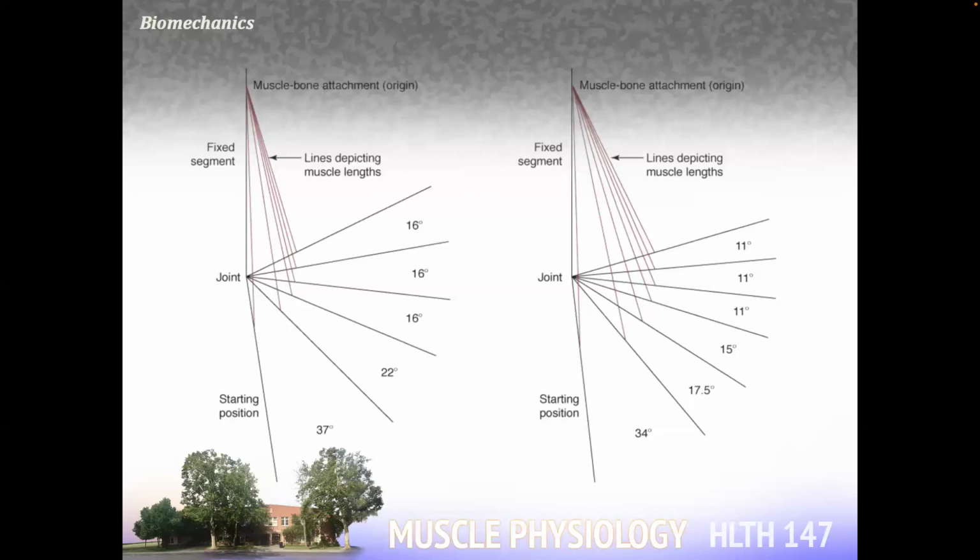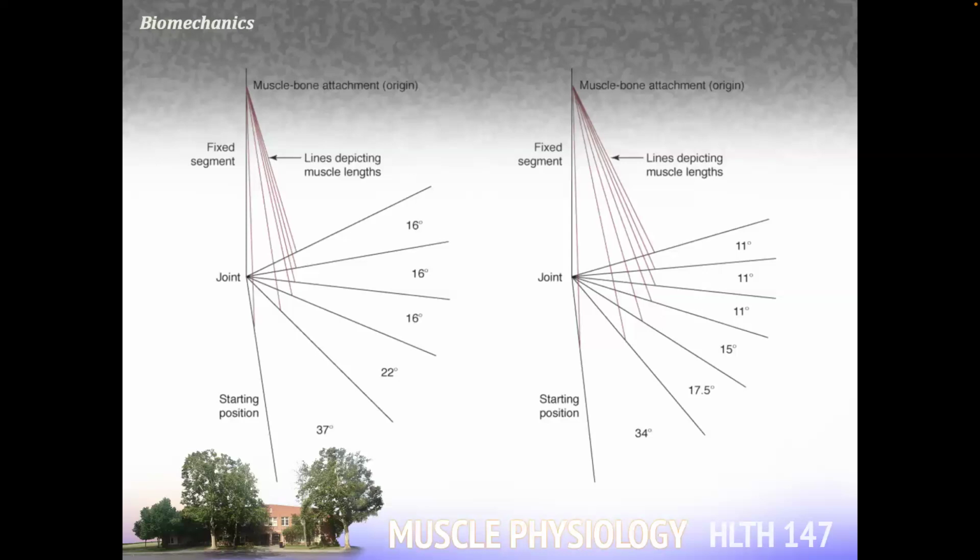Now, each one of these forearm lines represents the movement associated with a specific amount of muscle shortening. If the sarcomeres contract an exact amount, in both arms, you'll see the left forearm moving several degrees farther than the right forearm does because the muscle inserts closer to the joint.